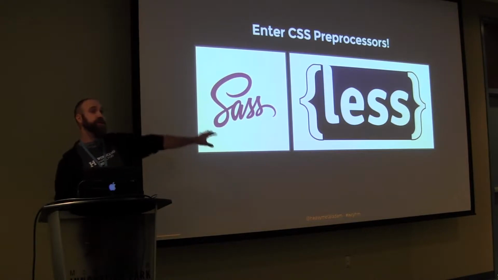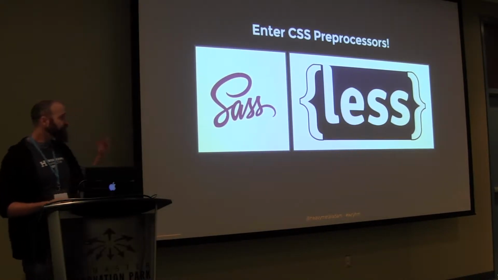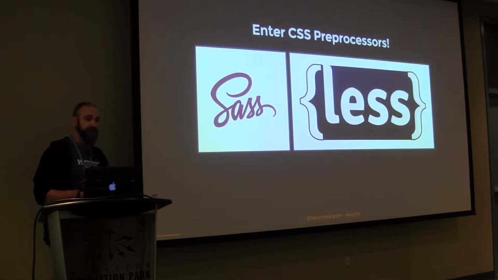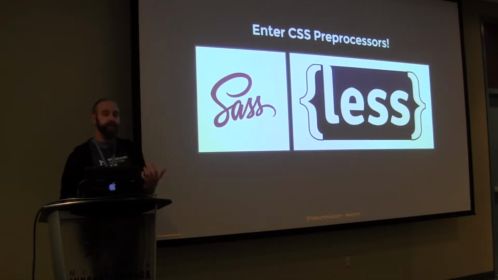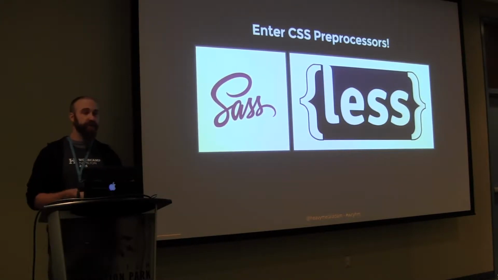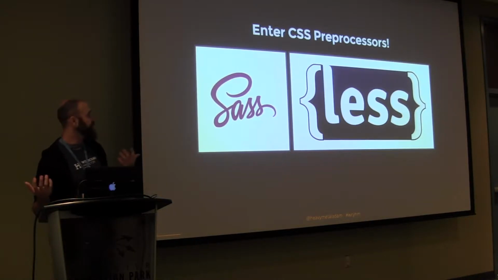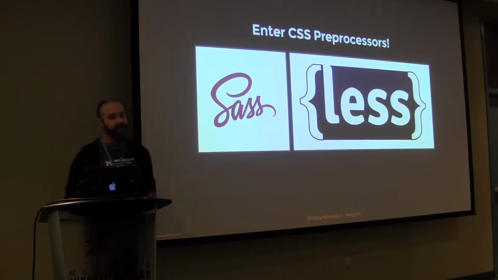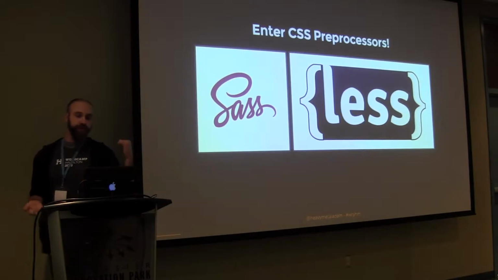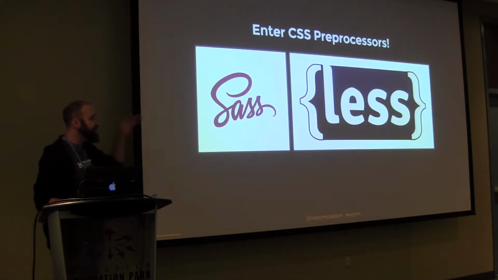Not to say these are the only ones, but these are the two big guys on the block: Sass and Less. Sass is probably the more popular option nowadays. I think a lot of the popularity of Less came because Twitter Bootstrap was built using Less. There's an official port of Bootstrap for Sass now, and the next version of Bootstrap is going to be written in Sass. So we'll probably see a lot more use of Sass, a little bit less Less.